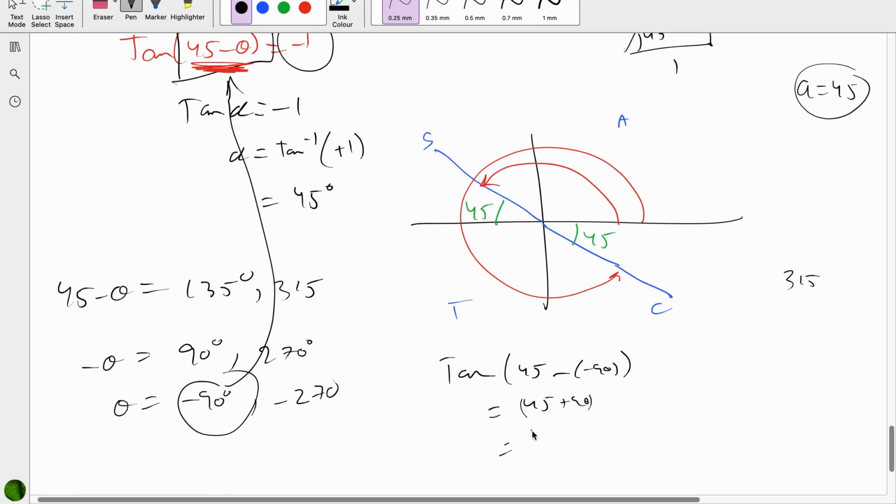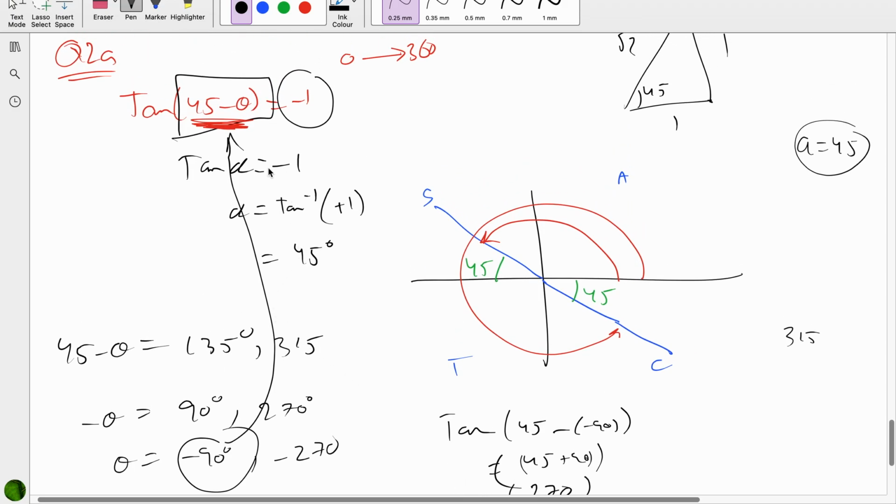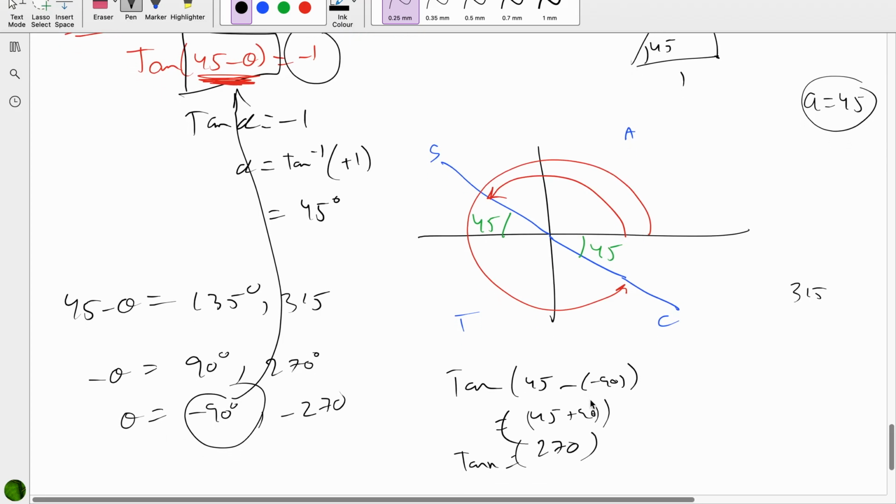Can you quickly punch tan 270? Tan of 315 is -1.